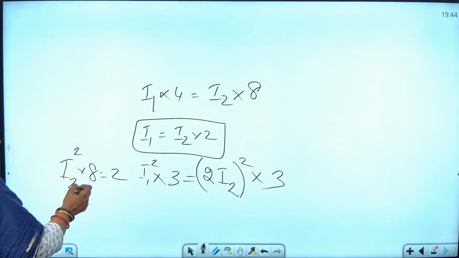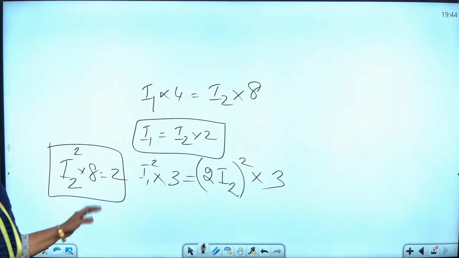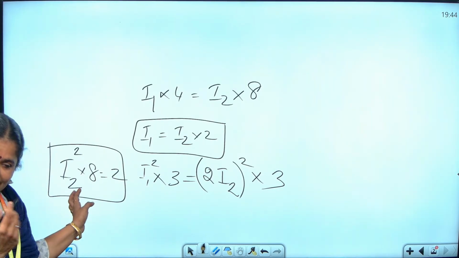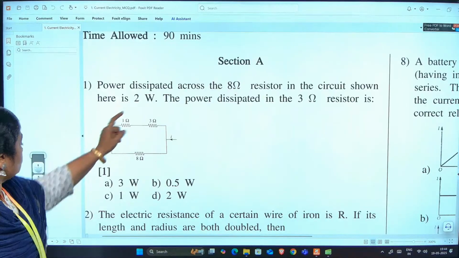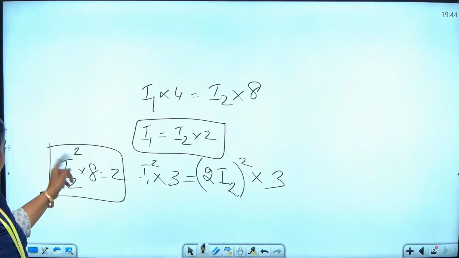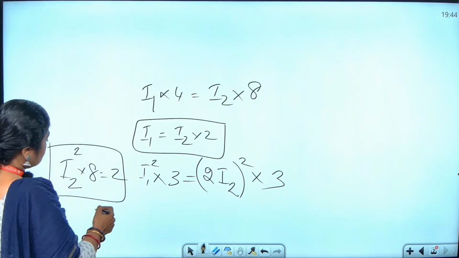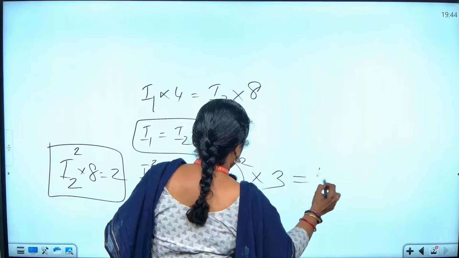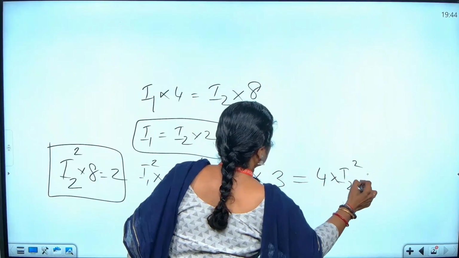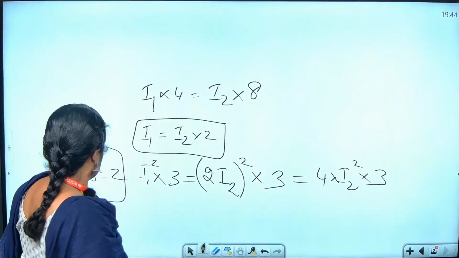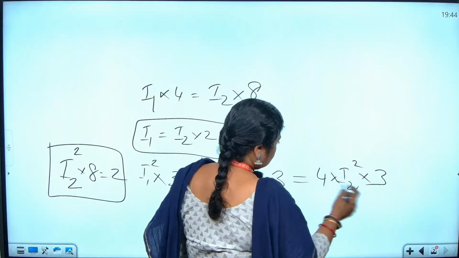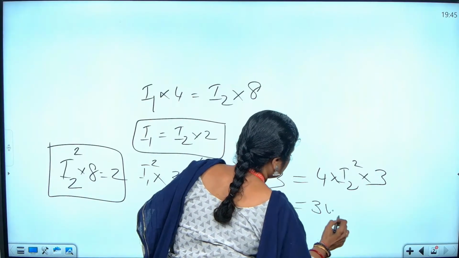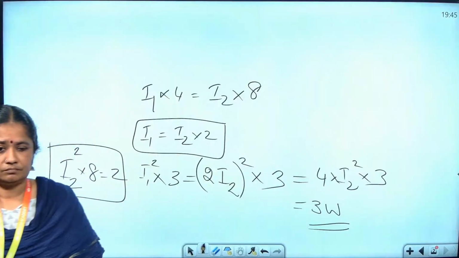See, I2 square into 8 is the power dissipated across the 8 ohm resistance. They have given that it is 2 watts. So we can find I2 square. I2 square is 2 by 8, 1 by 4. So this is 4 into I2 square into 3. Now I2 square is 1 by 4. So you will get the answer as 3 watts.